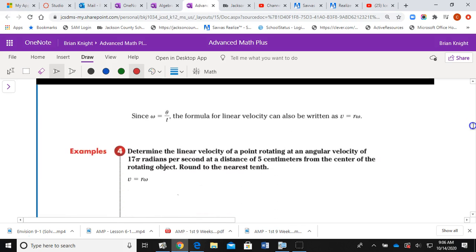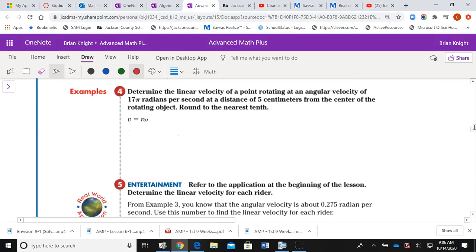So, let's do example 4 right here. It says determine the linear velocity of a point rotating at an angular velocity of 17 pi radians per second at a distance of 5 centimeters from the center of the rotating object, round to the nearest tenth. Now notice, they gave me the angular velocity, so it's just plugging in. V equals r times the angular velocity, which is omega. What was the distance from the center? 5 centimeters.